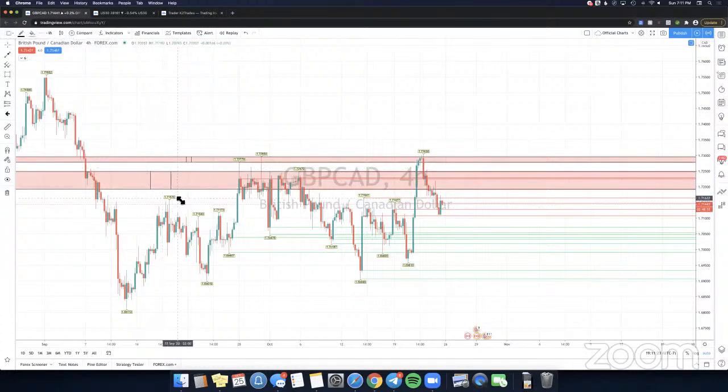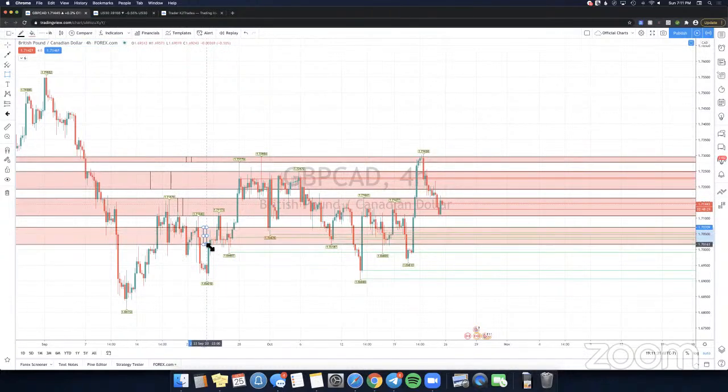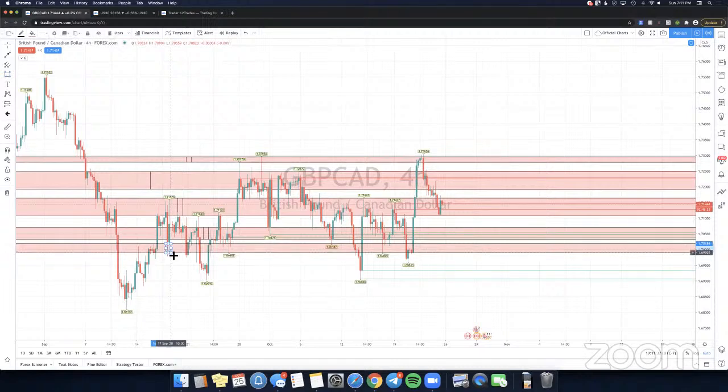And then we got this middle zone right here, where price currently is. This lower zone right here. All right, looks like we're good for the most part.